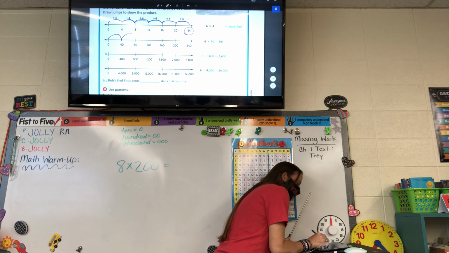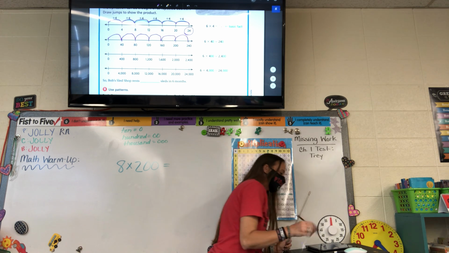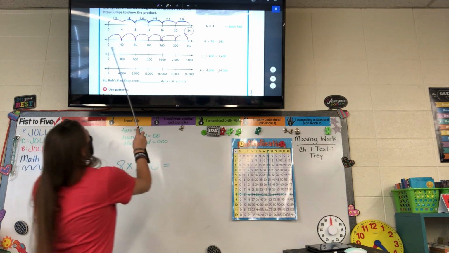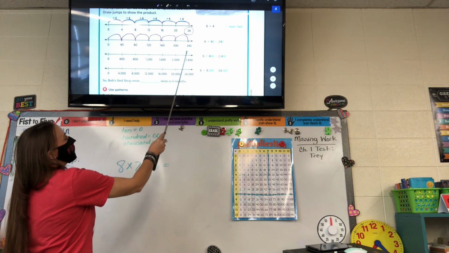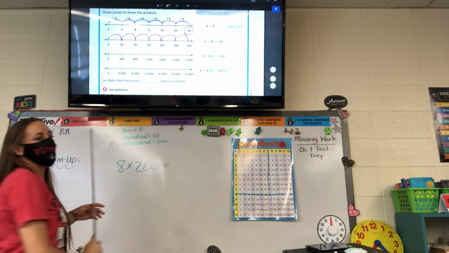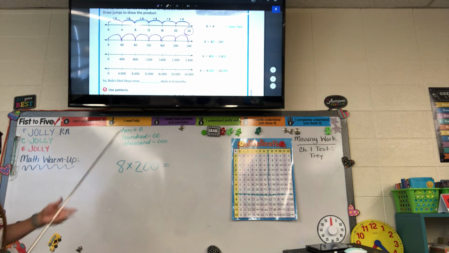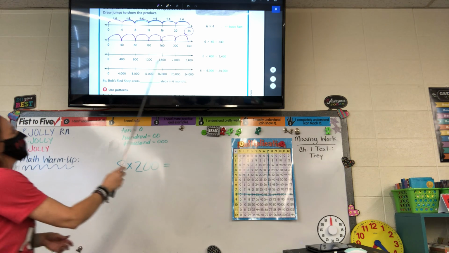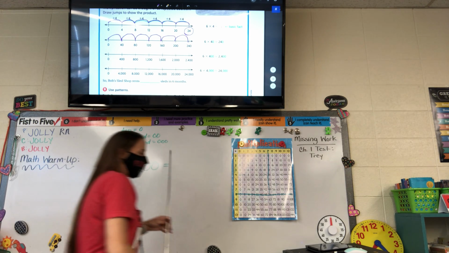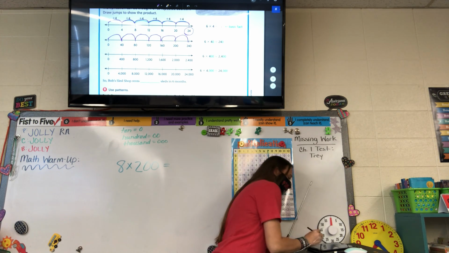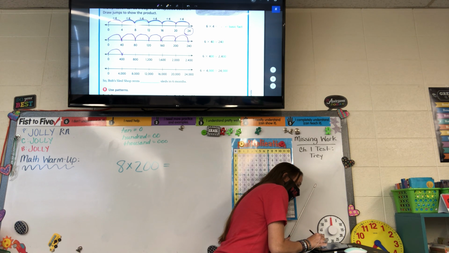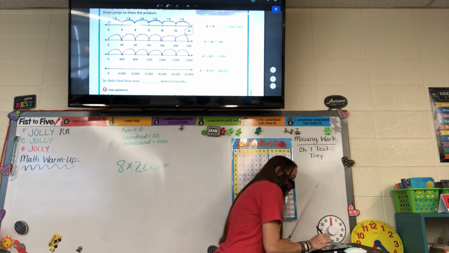So 1, 2, 3, 4, 5, 6. And 6 times 40, where do we end up? 240. Okay? And then we can go to 2 zeros and jump 400 each time, 6 times. So if we jumped 400, 800, 1,200, 1,600, 2,000, 2,400, that's where we would end up.